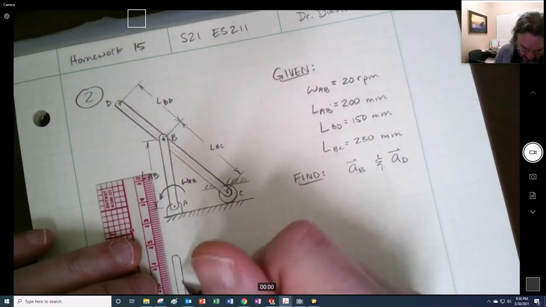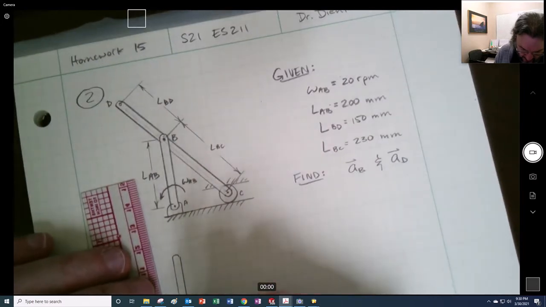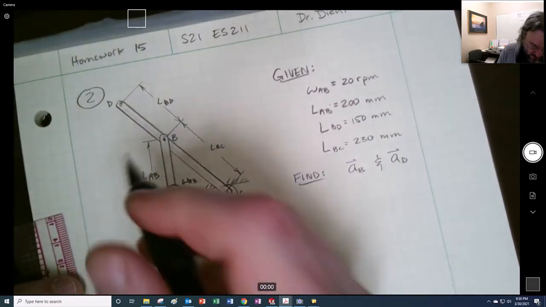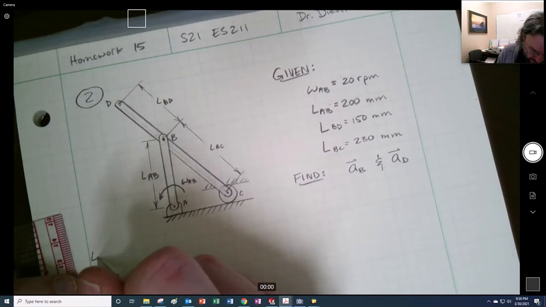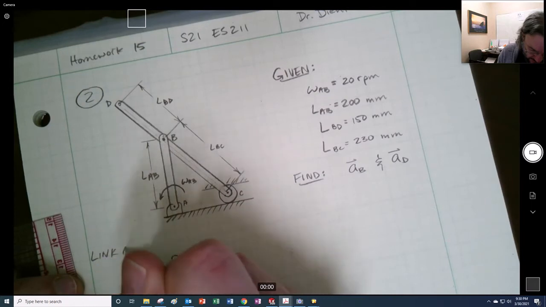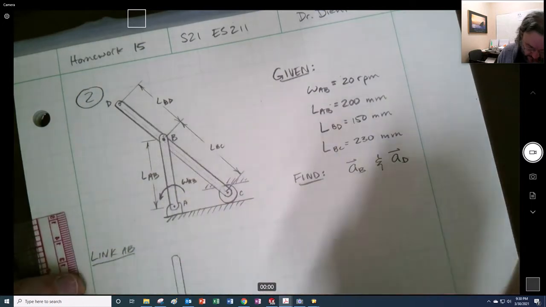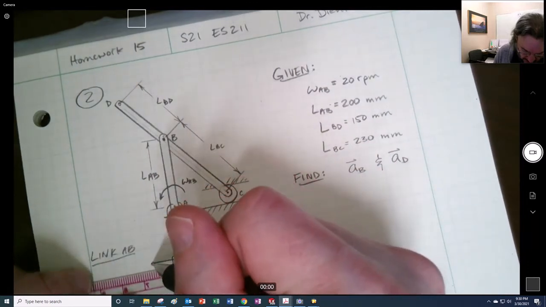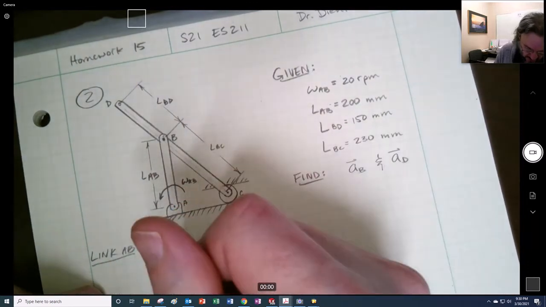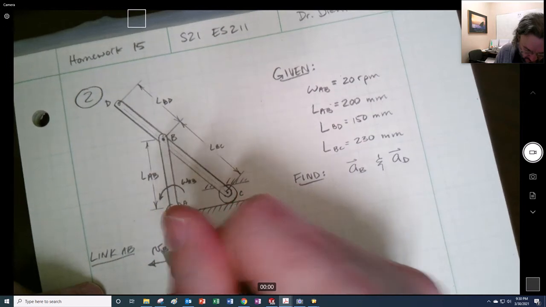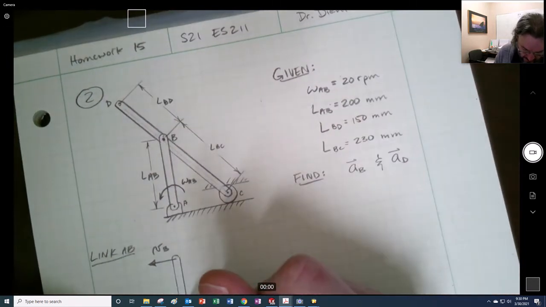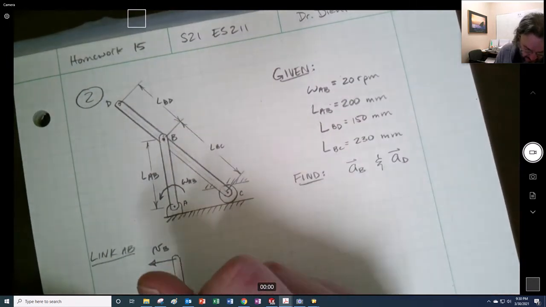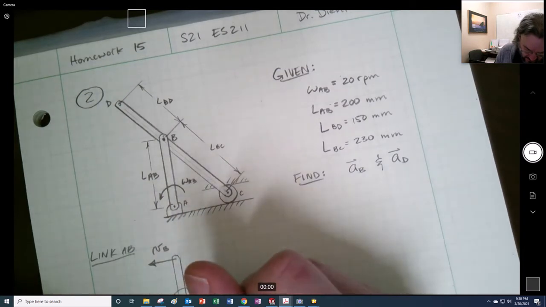I could do a velocity and acceleration analysis of link AB. So it's going to have a velocity right here, the velocity of B, right there, right? And this is going to be omega AB right here.